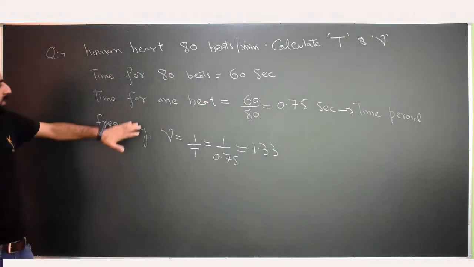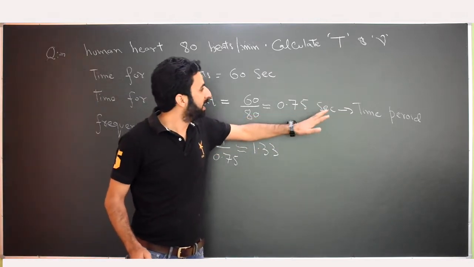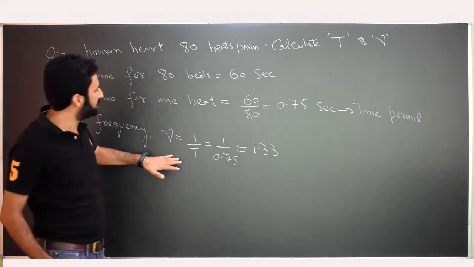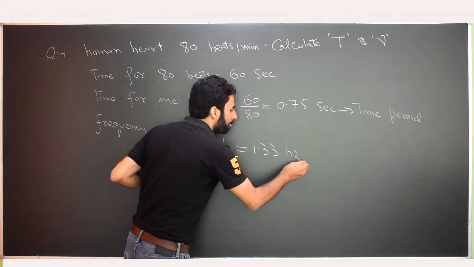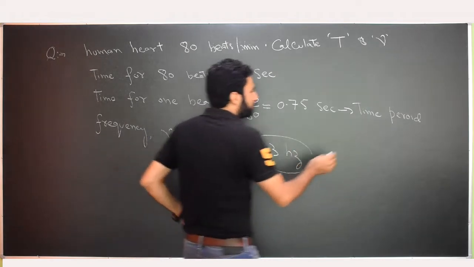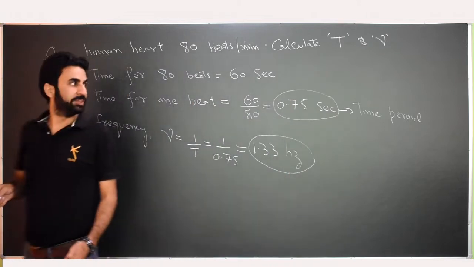Since we have taken the SI unit of time period, that's second, the frequency will also come in the SI unit, that is hertz. So the frequency is 1.33 hertz and the time period is 0.75 seconds.